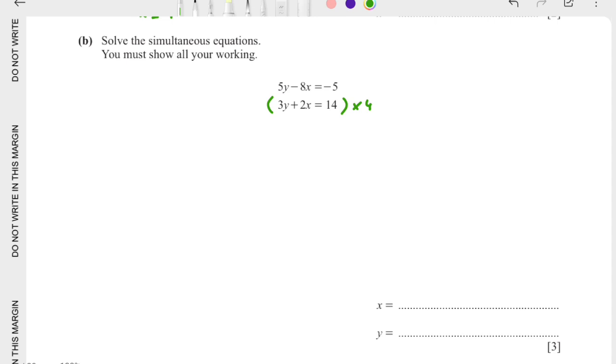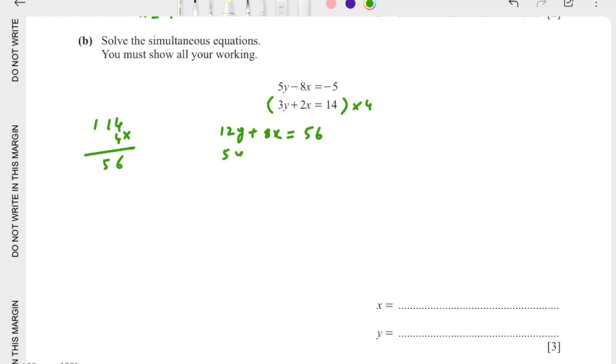So it would be 12y plus 8x is equal to 14 times 4. 4 4s are 16, 1 carry. 4 1s are 4, 1 is 5. 56. So it would be 12y plus 8x is equal to 56.